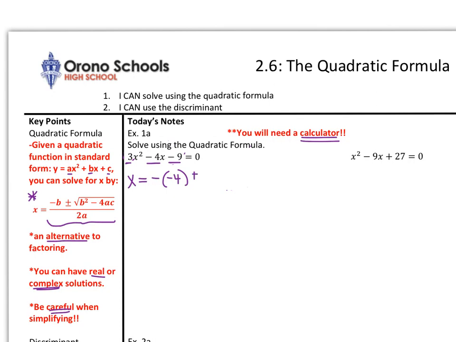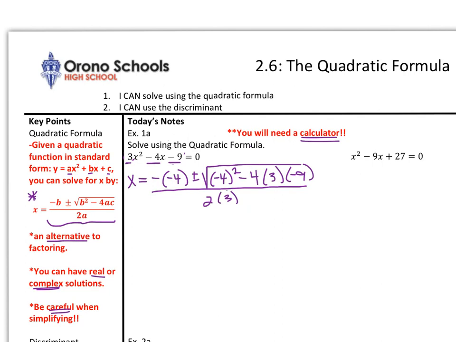Then plus or minus, and then a pretty big square root. We're going to do b squared, and if b is negative 4, we'll square both the negative and the 4, minus 4 times a times c. So 4 times 3 times negative 9. That's a really big numerator, all over 2 times a in the denominator.